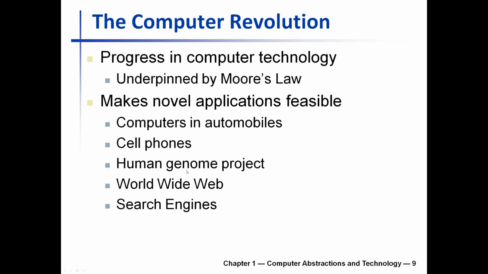Other things like the World Wide Web, the internet, basically, are possible because of these improvements. Search engines like Google or whatnot will tell you the answers to your questions in a matter of milliseconds. You just have to type something, and Google will figure out exactly what you need and give you really good results from the internet.